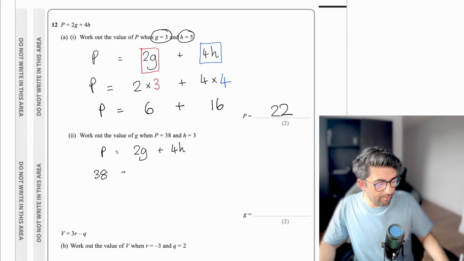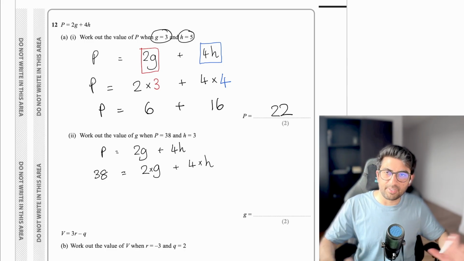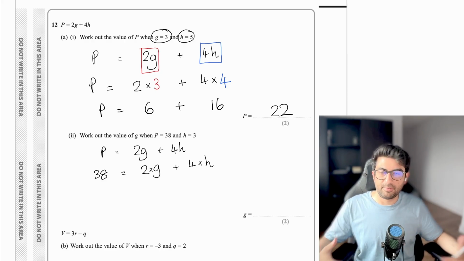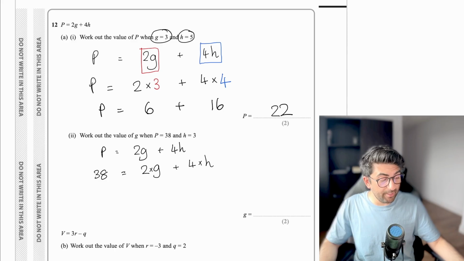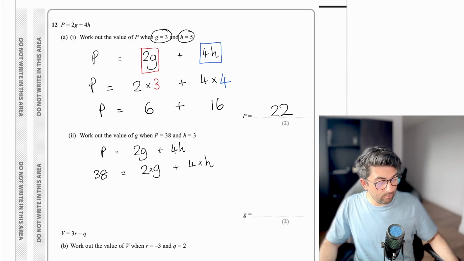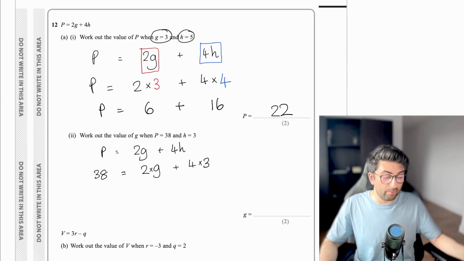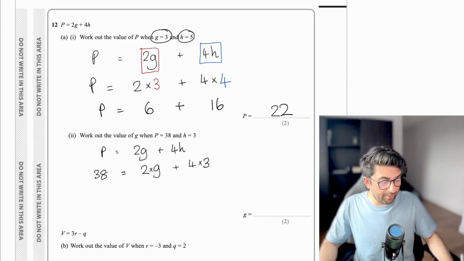And we remember that 2G means 2 times G, and 4H means 4 times H. Okay, because letters standing next to numbers mean multiply. So it tells us H as well. H is 3. So maybe we can rub that out and write that down.